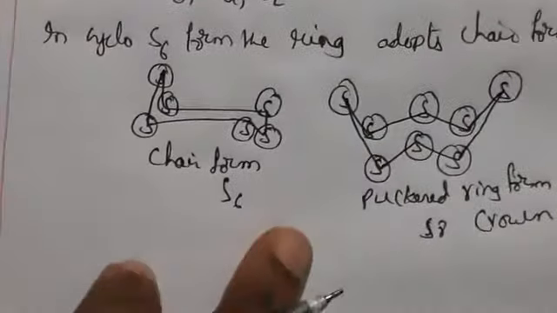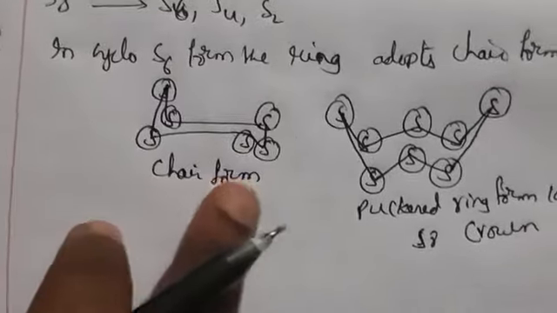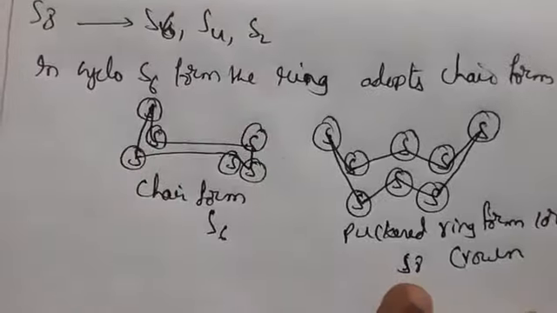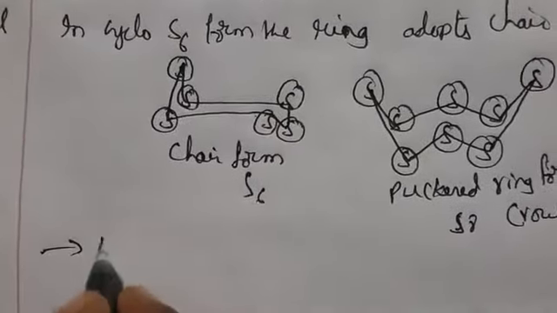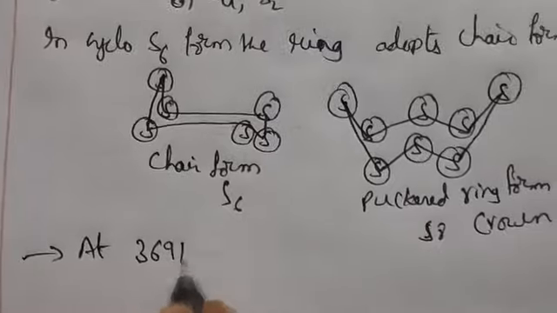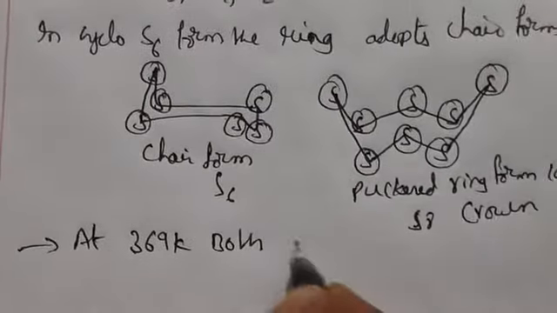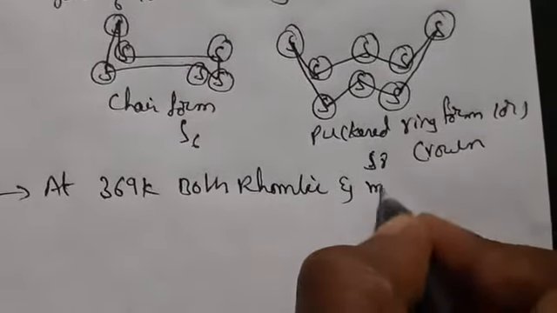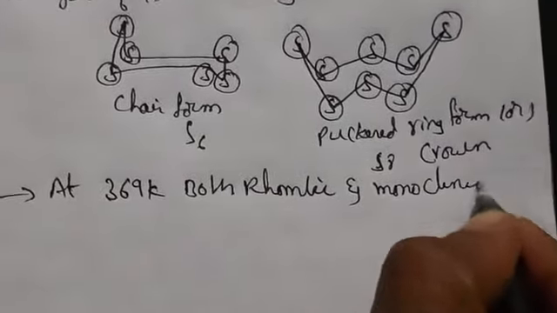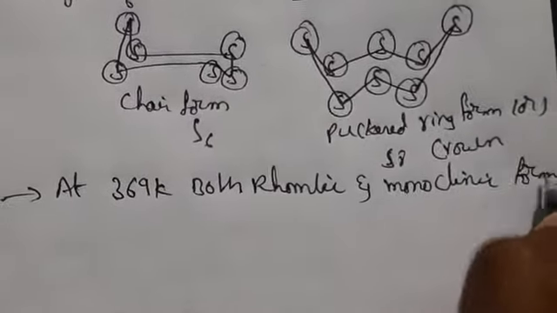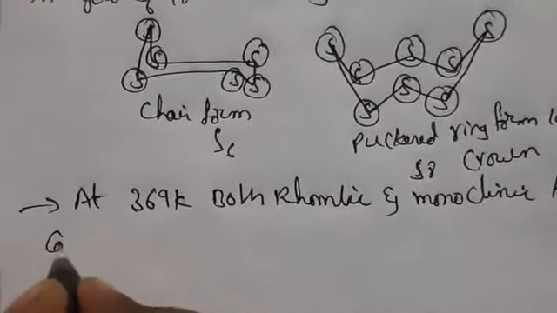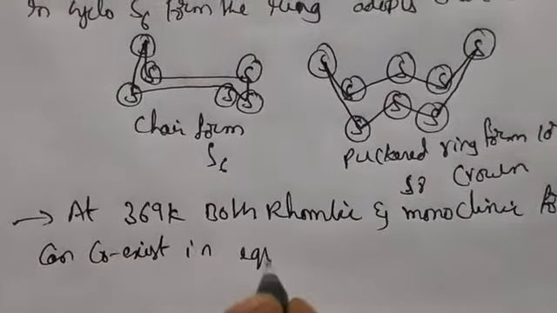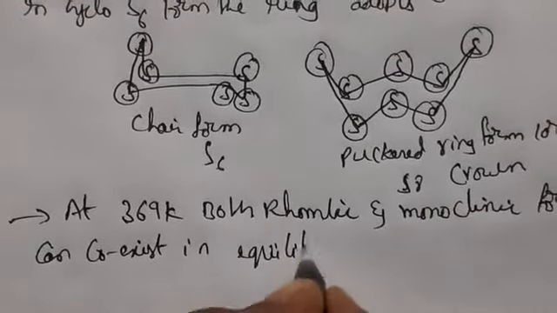Beta sulphur is also soluble, and it is in equilibrium with rhombic sulphur. At 369 Kelvin, both rhombic and monoclinic forms can coexist in equilibrium.